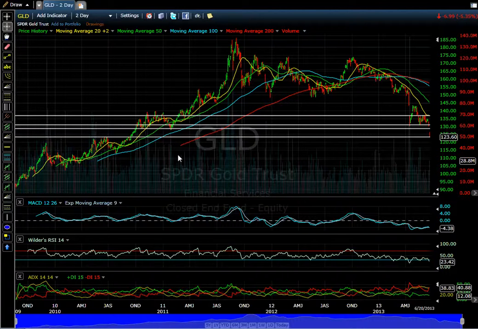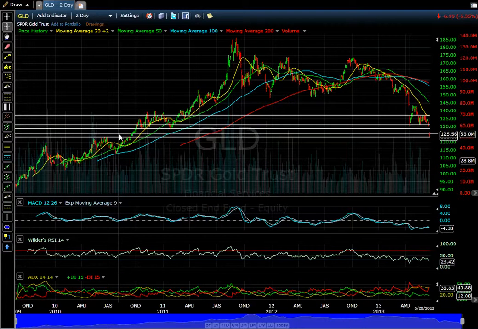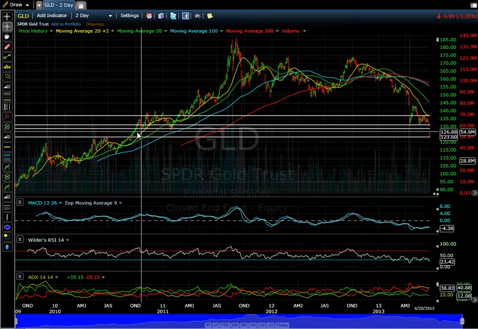So again, this stock really not that much pricing in this level. So I really don't have another line I could probably give. Let's try to zoom in here.